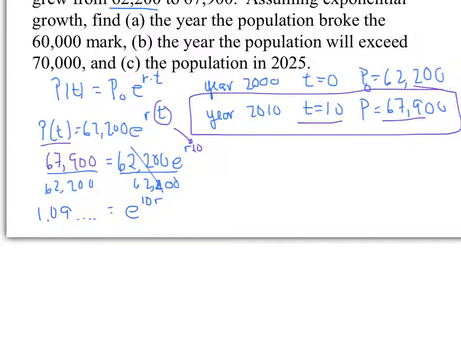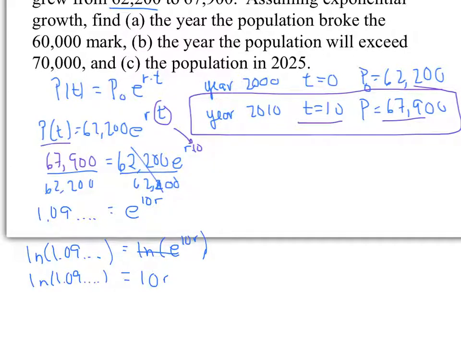Then we take the natural log of both sides. So the natural log of 1.09 and the other stuff, and the natural log of e to the 10r. Remember, all we're doing is taking this function and putting these inputs in. The nice thing is that you'll get just 10r on the right, and the natural log of 1.09 on the left.